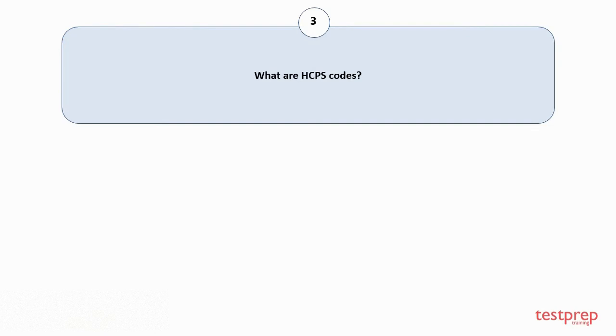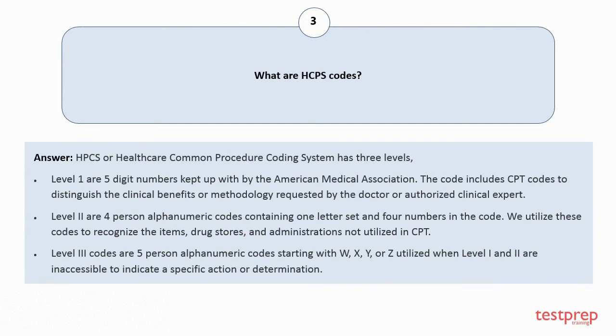Question number 3, what are HCPS codes? Your answer is: Healthcare Common Procedure Coding System has 3 levels. First, Level 1 are 5-digit numbers kept up with by the American Medical Association. The code includes CPT codes to distinguish the clinical benefits, or methodology requested by the doctor or authorized clinical expert.